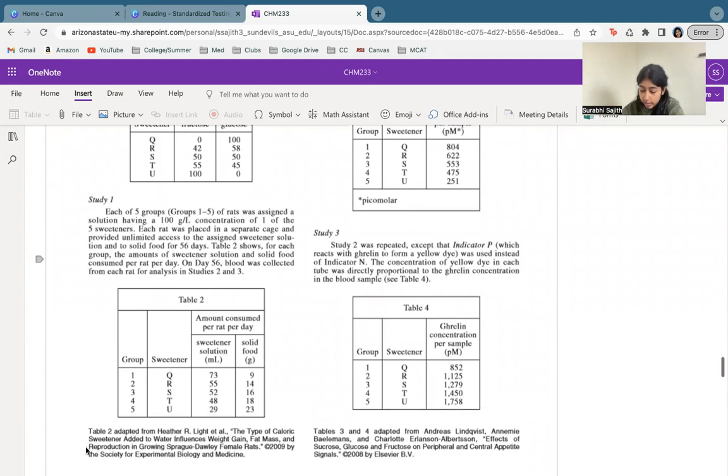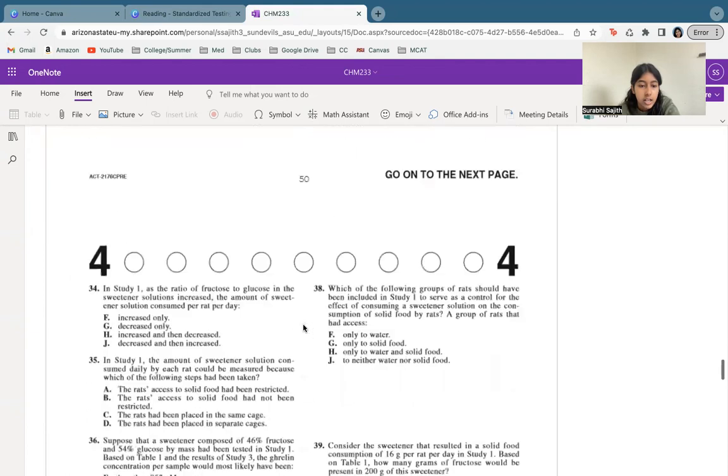I'm just going to draw that. As that ratio increases, what do we see? The same trend we see is that sweetener solution decreases. Now let's double check that's what the question is asking for.